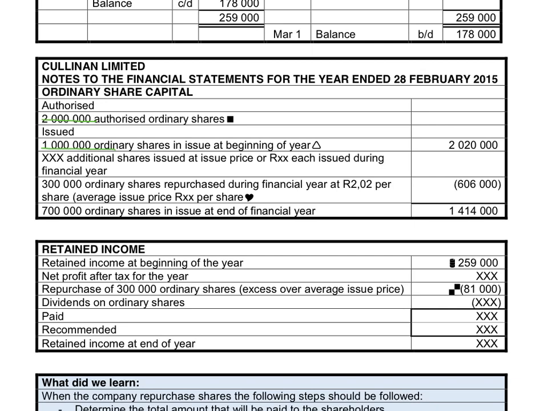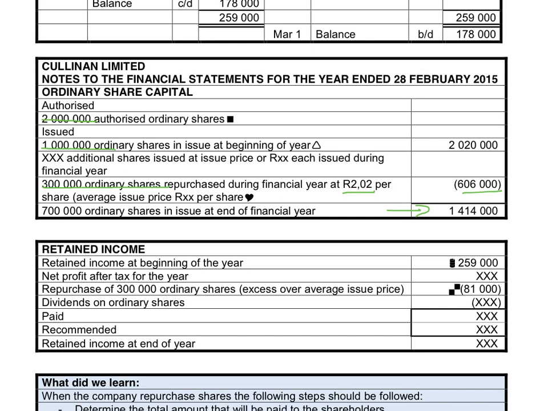And then we decide to repurchase some of the shares. So 300,000 ordinary shares will be repurchased at the average price that will go into ordinary share capital, 606,000. So this must be the closing balance in your ledger account for ordinary share capital.